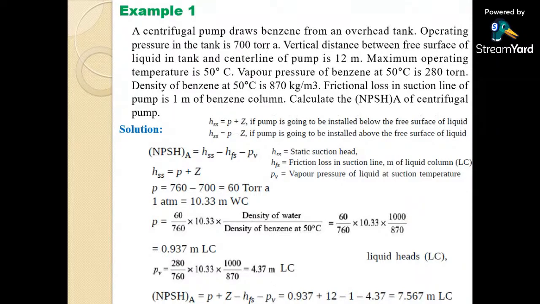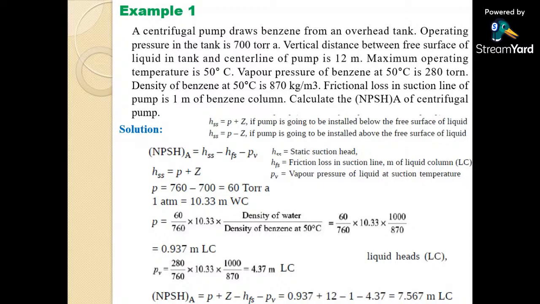Now here in this equation number 1, HSS is the independent parameter. इथे तो काय होता? Independent parameter होता. But here in this equation number 2, it is the dependent parameter, because this value is dependent on P and Z. P is the available pressure and Z is the vertical distance from the suction line to the discharge line.